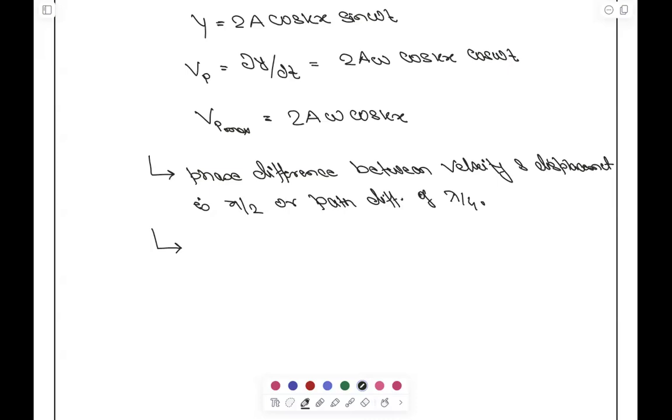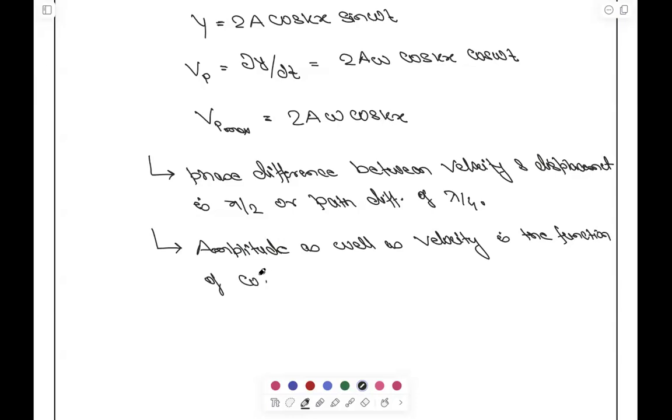हाँ, obviously velocity particle की भी आती है। तो सर उसी same particle के लिए जो maximum amplitude है उसी के लिए maximum velocity होगी। Amplitude as well as velocity, obviously we are talking for a particular time, है ना? Velocity is a function of cos kx.